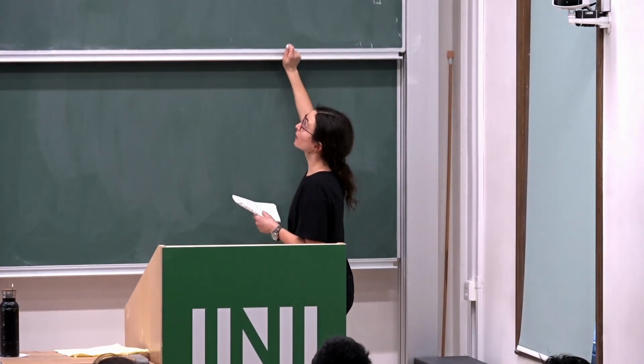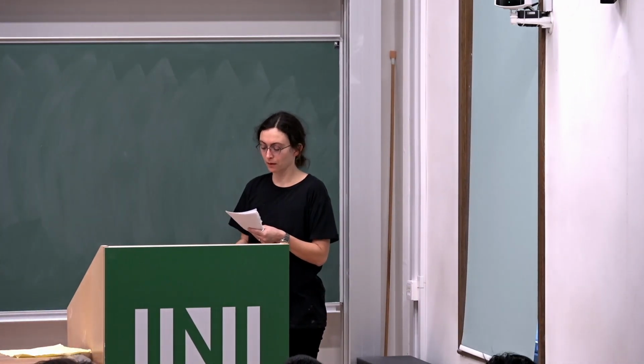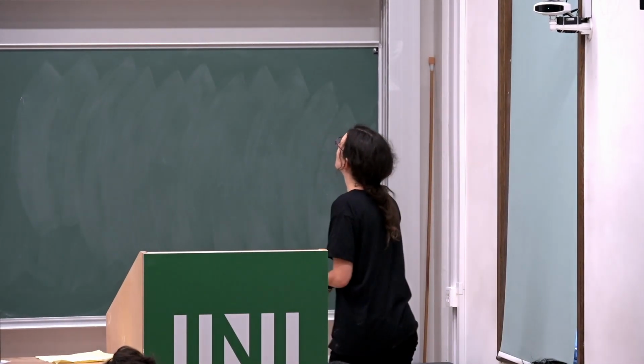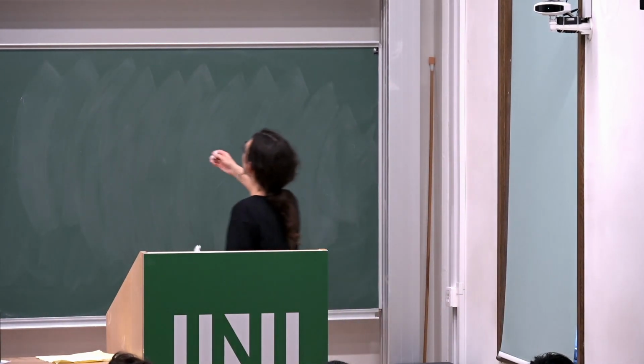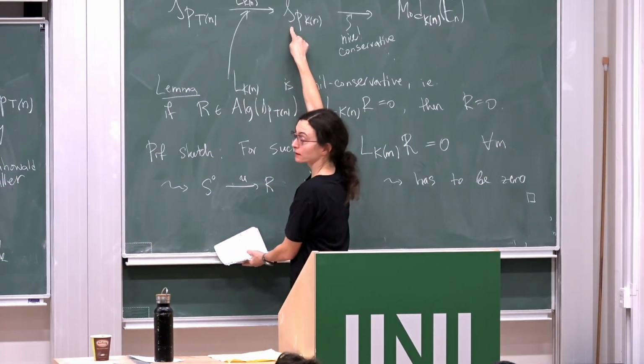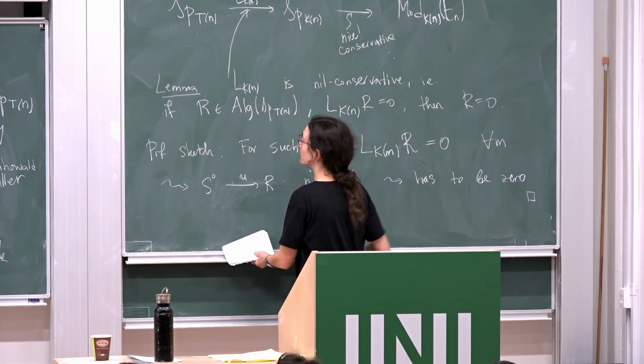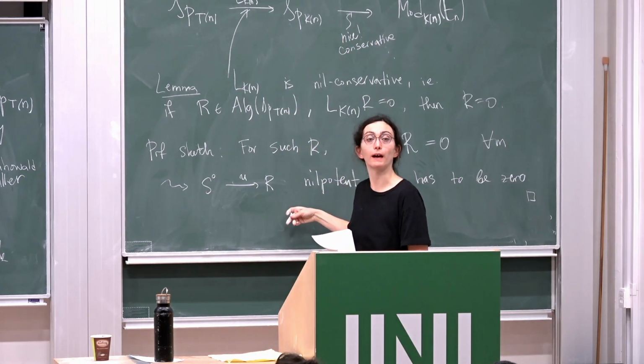So the great thing about having this kind of conservativity on rings is that this functor is fine, we proved it, but this is conservative, so the composite is also going to have this property.